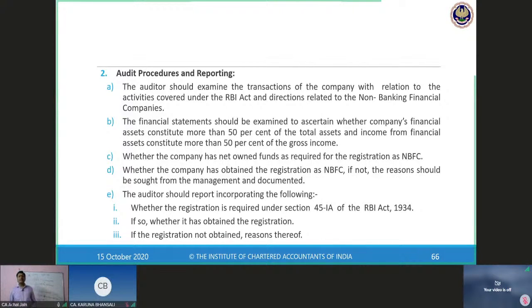Because for any entity, when the audit will be carried out, registration is something which the auditor will definitely check. Because for an entity to run the business, for an entity to operate, registration requirements are mandatory. So if the entity will not have all of these registrations, what will happen? There will be legal problems around it. That's why all of these things anyways become important on the part of the auditor.